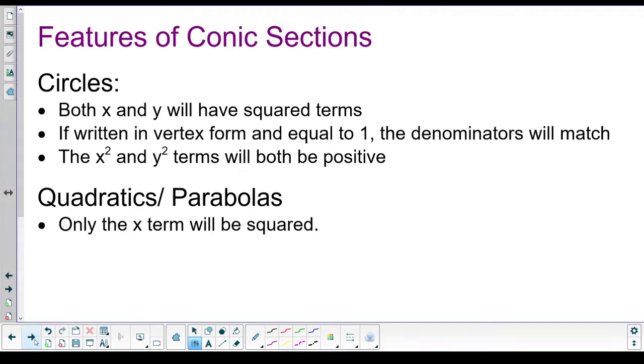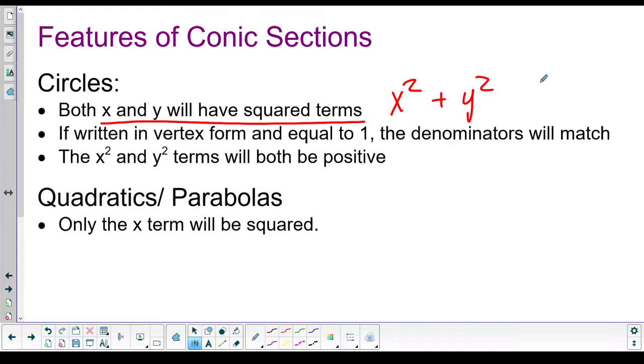So circles have both the x squared and the y squared terms. So if you see an x squared and a y squared, it might be a circle. It's not a dead giveaway, but it could be a circle.